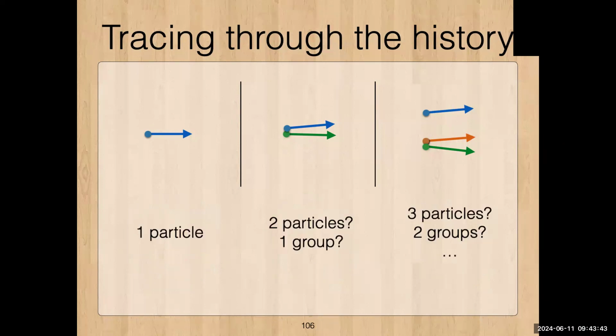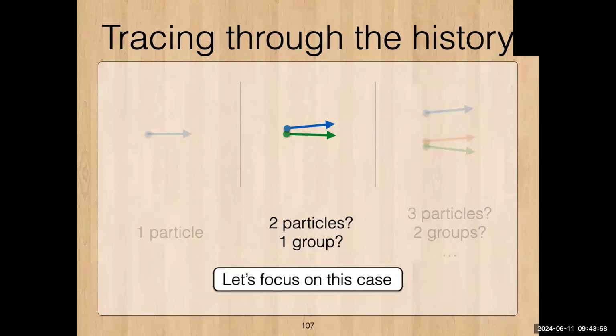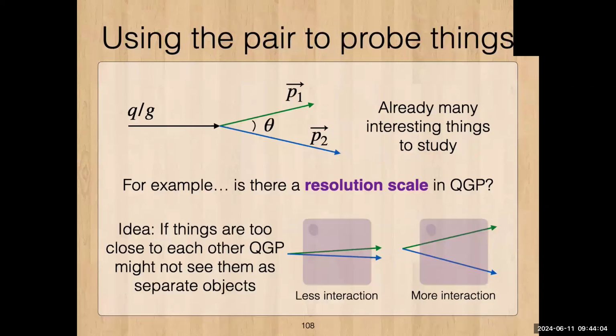Now we can ask the question: when they interact with something else, do they interact as a group or as two particles, for example? Let's focus on this case, and as usual, immerse it into the quark plasma to see what happens.